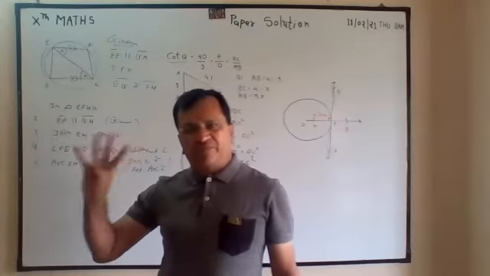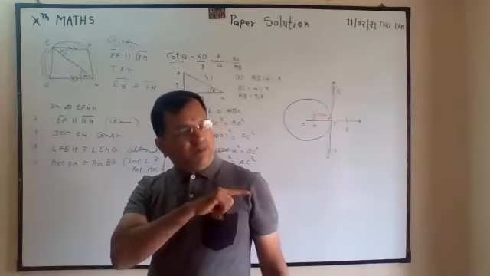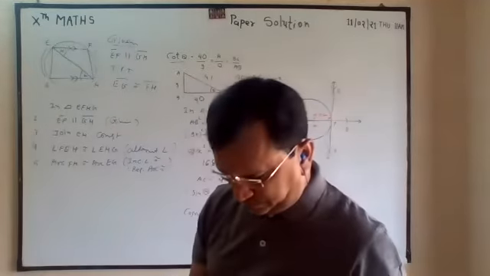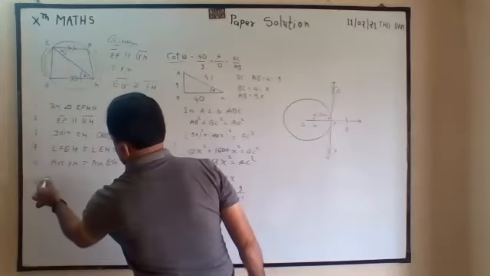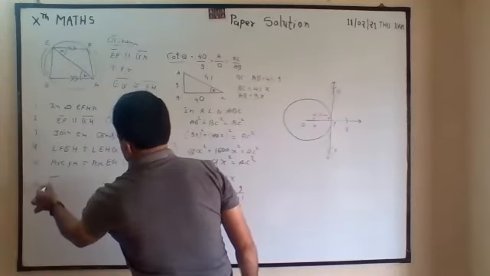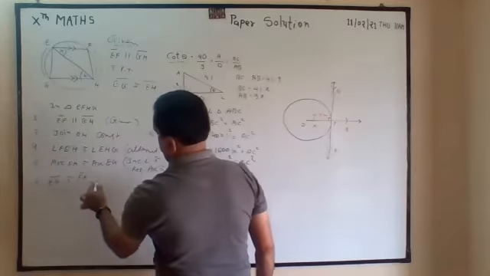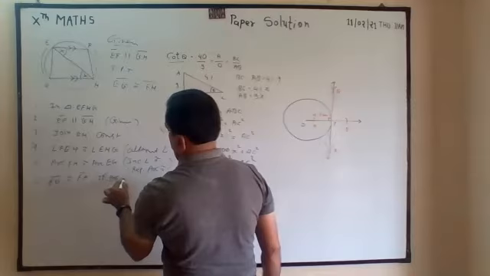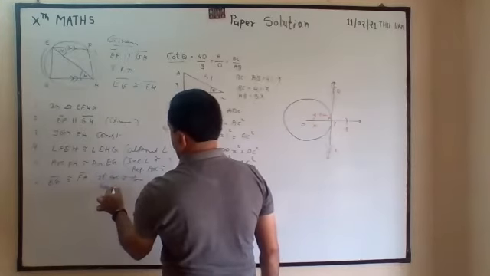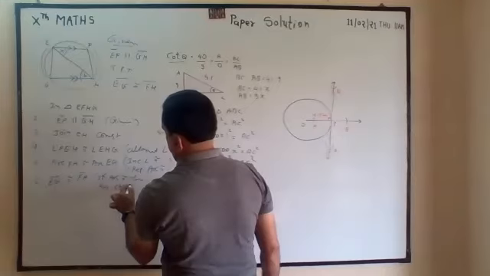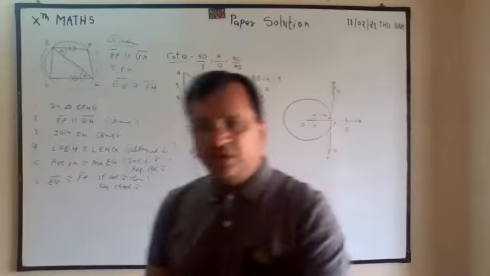If from these four pairs any one pair is given congruent, the rest of the three pairs are congruent. So arcs are congruent, so chords are congruent. If arcs are congruent, then respective chords are congruent. Hence it is proved.